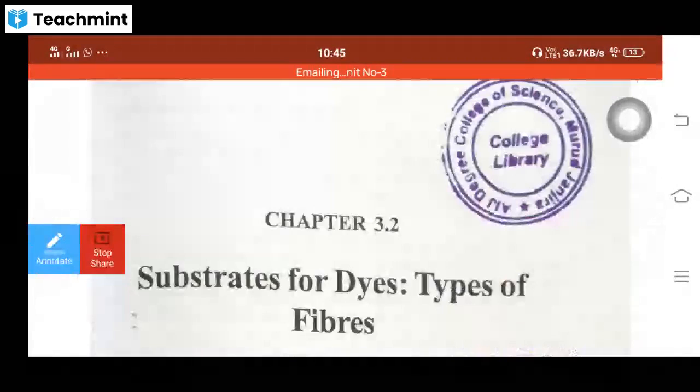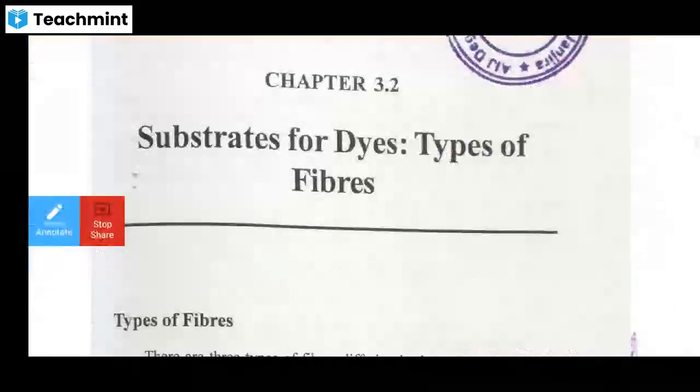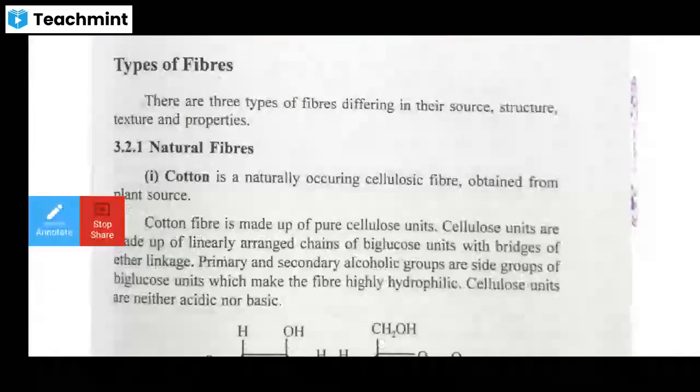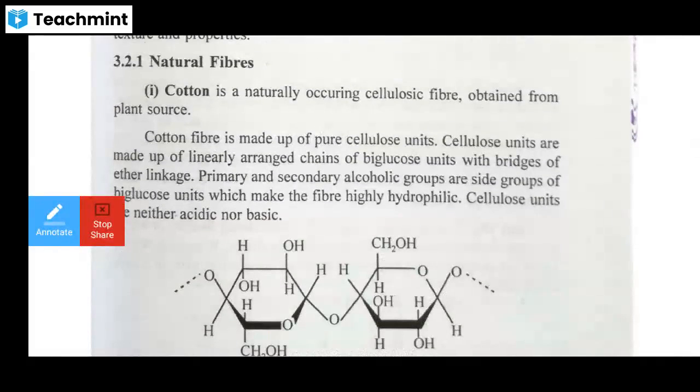Next, another topic is the substrate for the dye, or types of fibers. We know that fibers are generally obtained from cotton and wool, which we weave into fabrics. The types of fiber differ depending upon the source, structure, texture, and properties. The most common natural fabric is cotton.